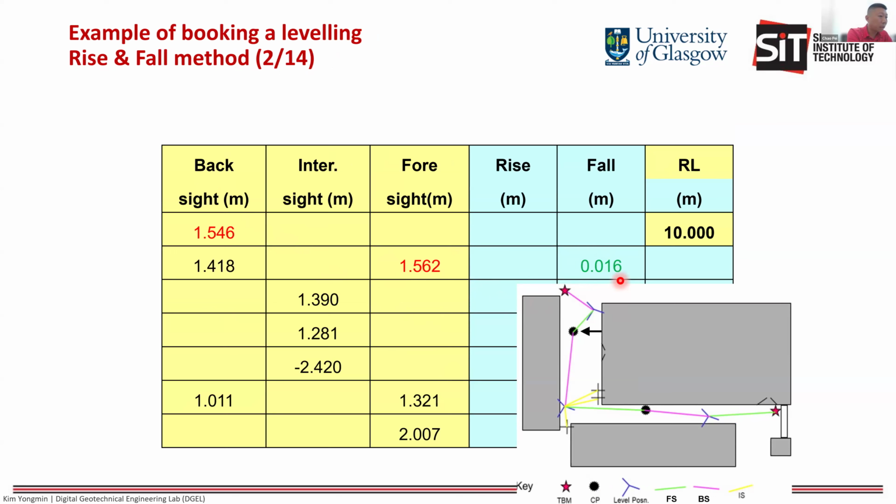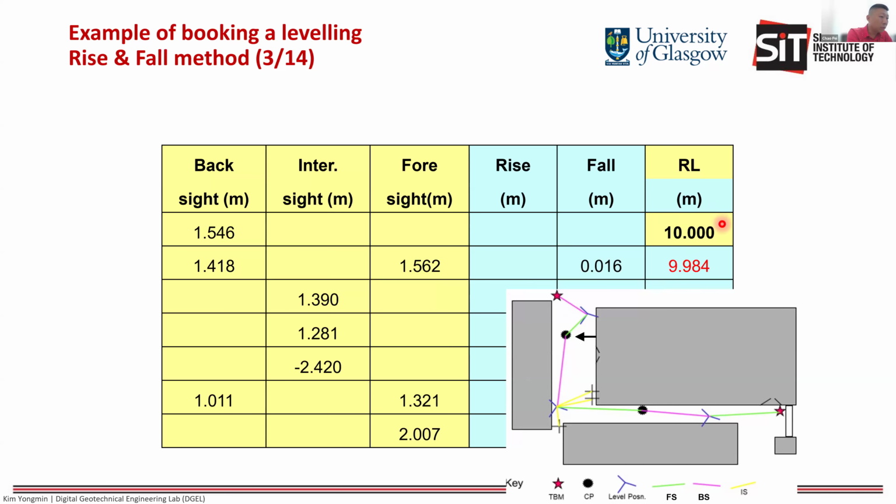Then you use the known reduced level. Let's assume it's 10 meters. If it is a fall, then you need to subtract 0.016, then you get 9.984. So that is the calculated reduced level of the first change point.